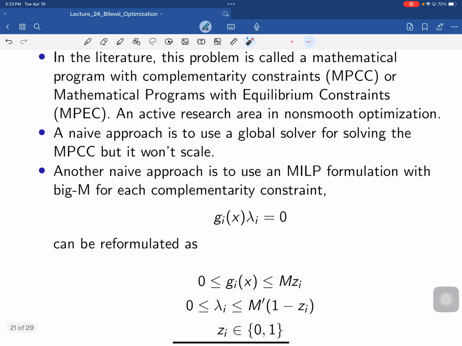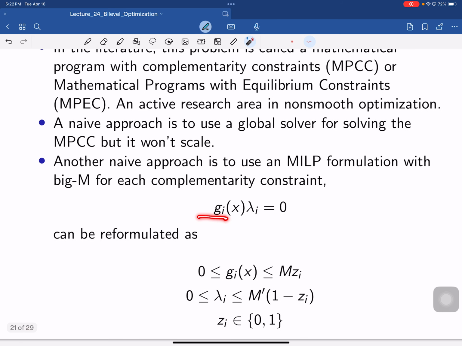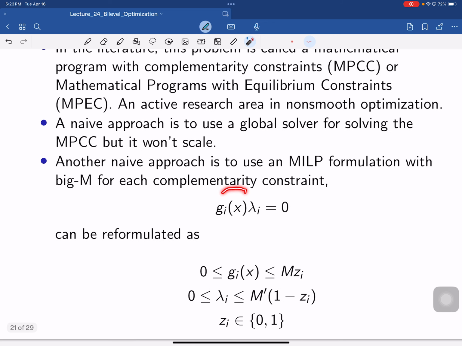Okay, so if you have these two terms, g_i of x times lambda_i equals 0, this is like a complementarity constraint in convex optimization. And now you can introduce a big M parameter here. Basically it says either this function is 0 or lambda is 0, right?